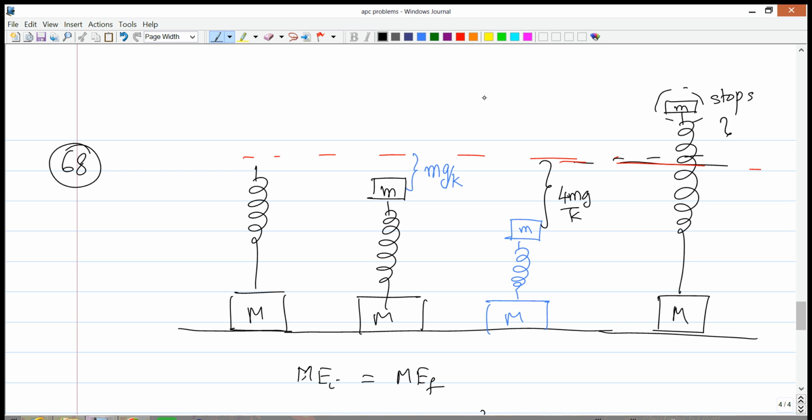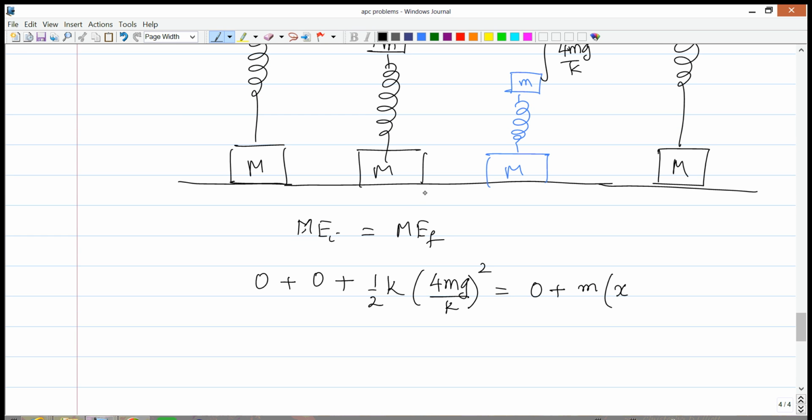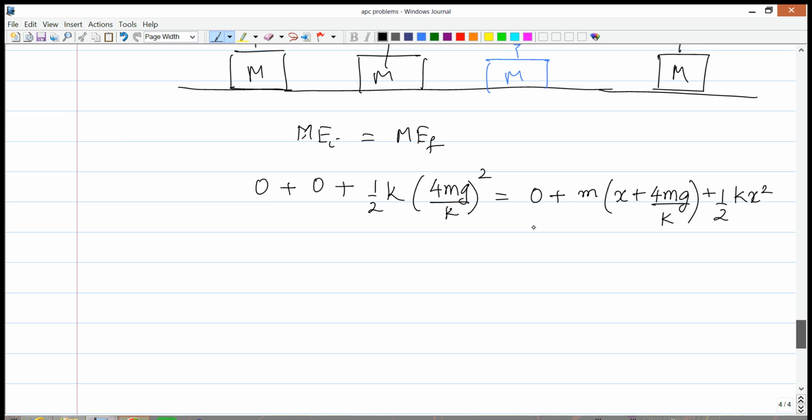And we'll call the amount from the equilibrium position x, so its distance is going to be x plus 4 mg over k, plus 1/2 times k times x squared, which is the spring potential energy. Great. Now all we need to do is solve for x and then find the force. So let's proceed.